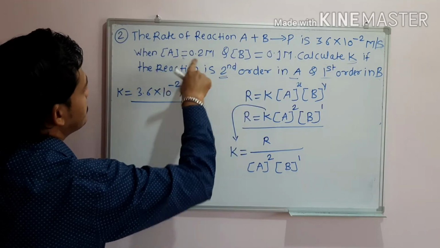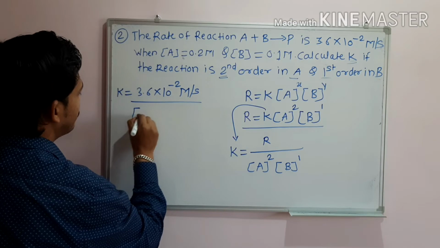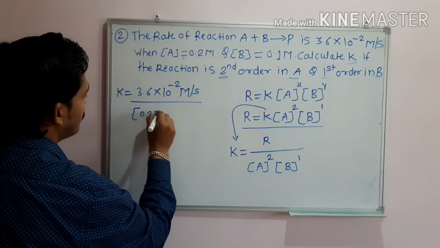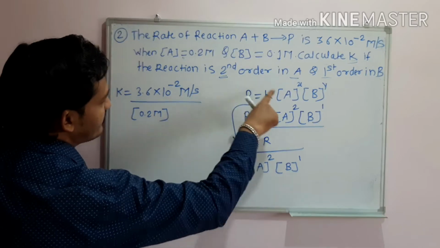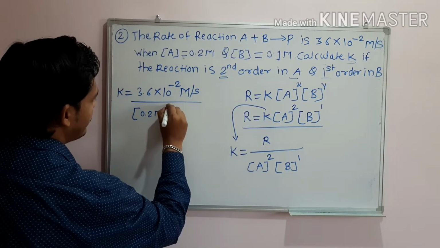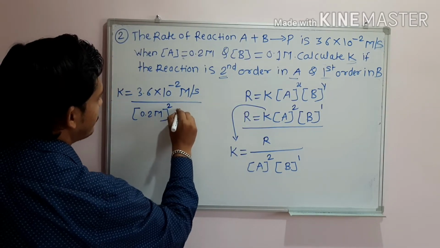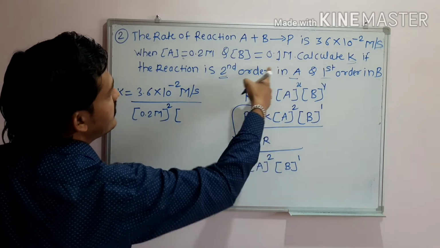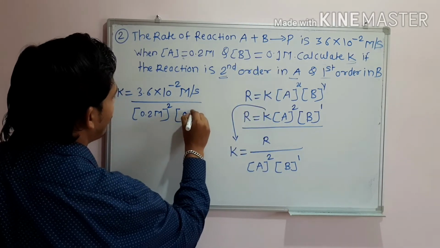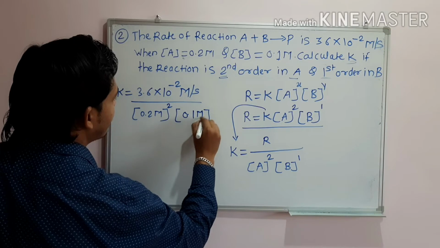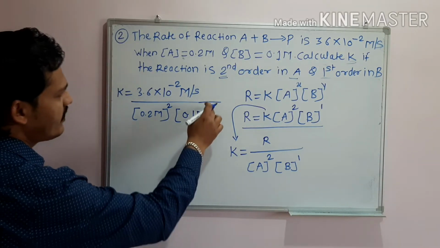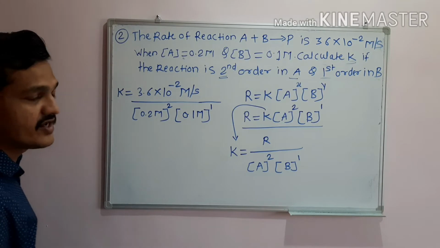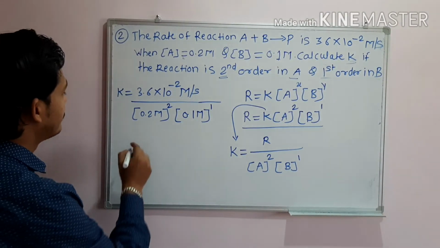So A concentration is equal to 0.2 molar, but here it is second order with respect to A, so it is squared. Then what is the value of B? 0.1 molar to the power 1. We don't need to write power 1 because it is already understood if we don't write it.